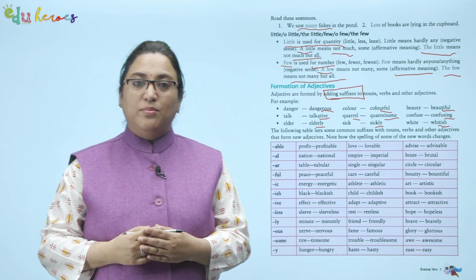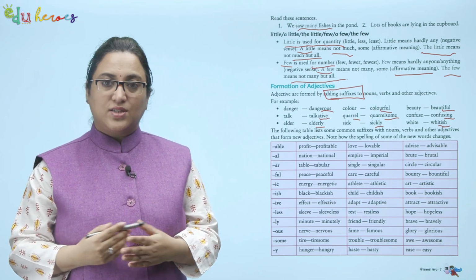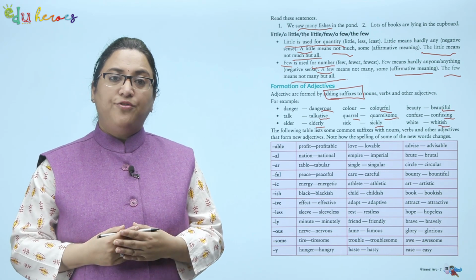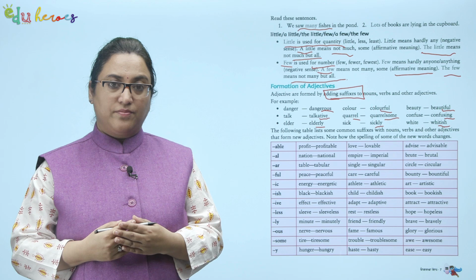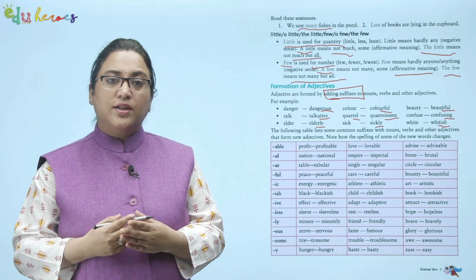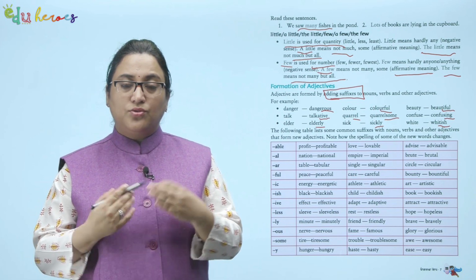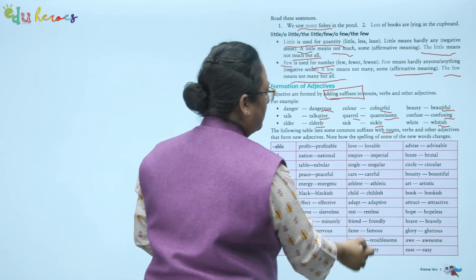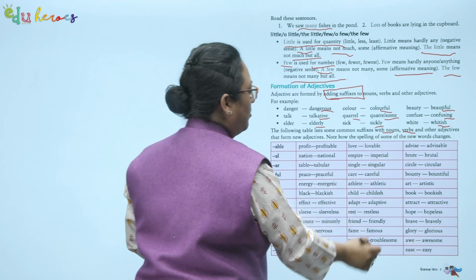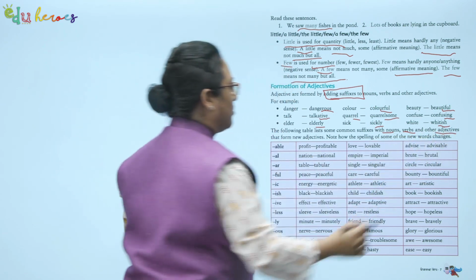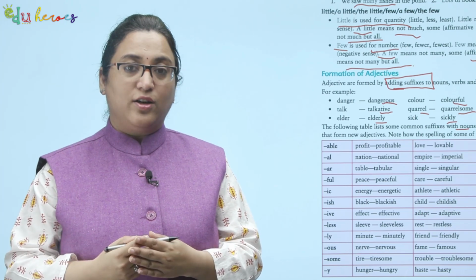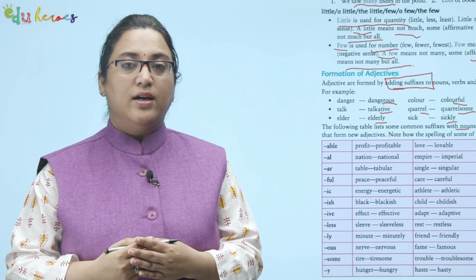The following table lists some common suffixes with nouns, verbs and other adjectives that form new adjectives. So new adjectives are formed from three parts of speech, from nouns. You can use verbs also and other adjectives also. Please note how the spelling of some of the new words changes.